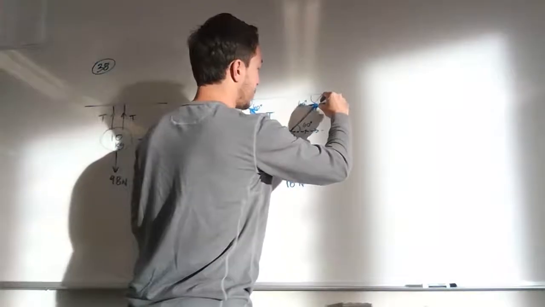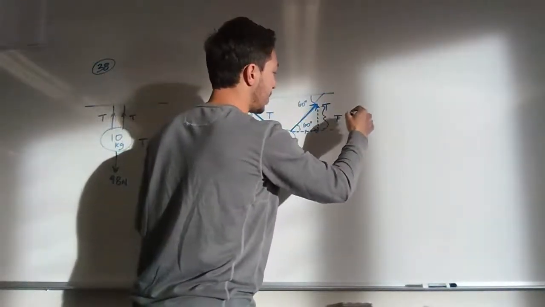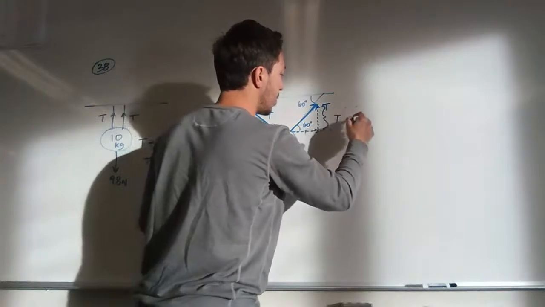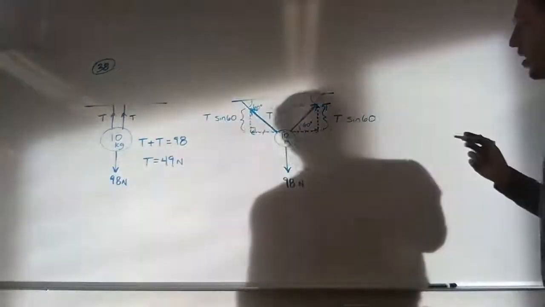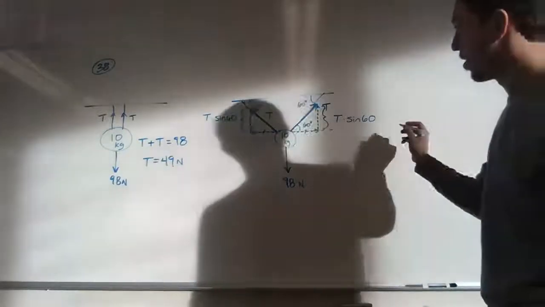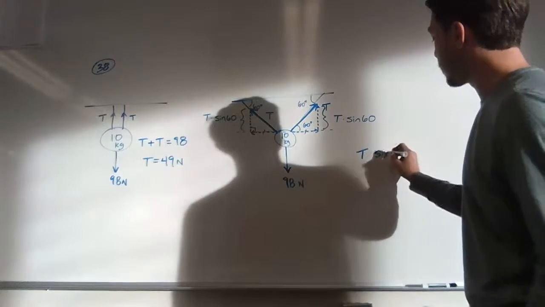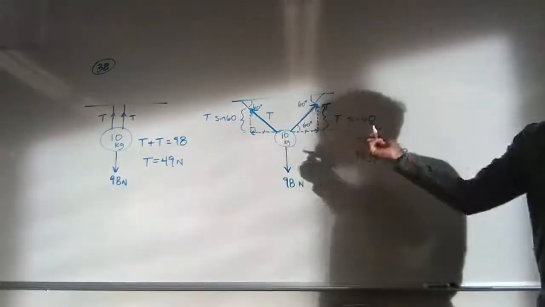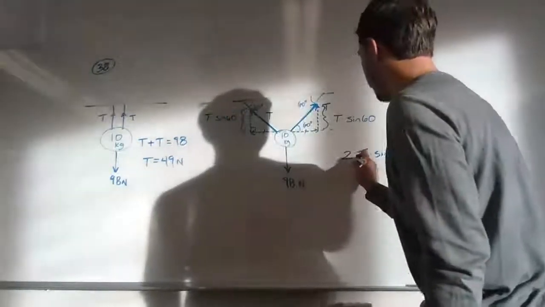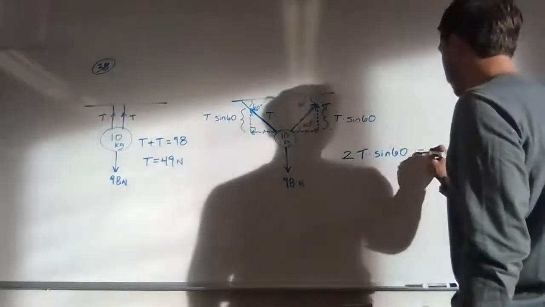This guy, likewise, is also T times the sine of 60. So what equation can I write? T times the sine of 60. There's two of them though, right? Times 2. Little banana theorem here. 2 times T sine of 60 equals 98.